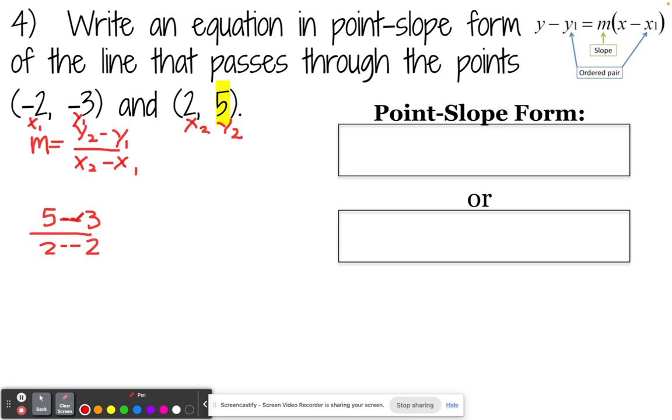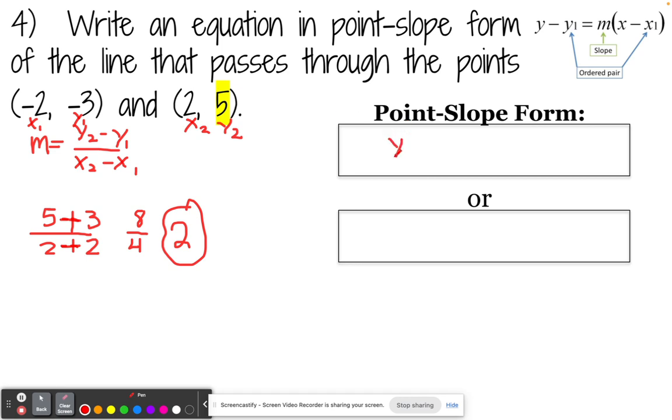Well, minus negative becomes a plus. That is 8. Minus a negative becomes a plus. That is 4. 8 over 4 is equal to 2. So there's my slope right there. 2, positive 2.